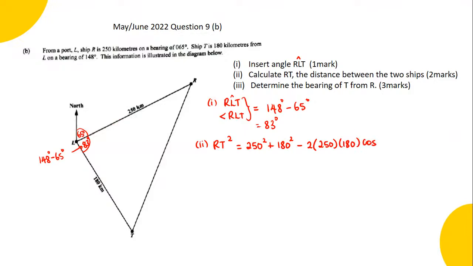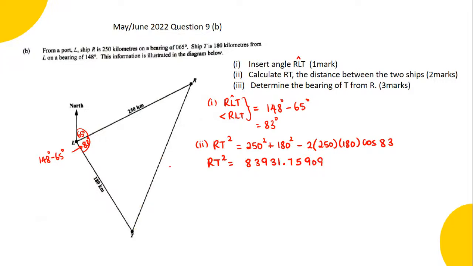Cosine of the angle that's opposite to this length. This length here is RT, the angle that's opposite to it is 83. You simply put all that in your calculator, just like that. We're not going to waste any time in the exam. You put all that into your scientific calculator, and the value you are going to get is 83931.75909.